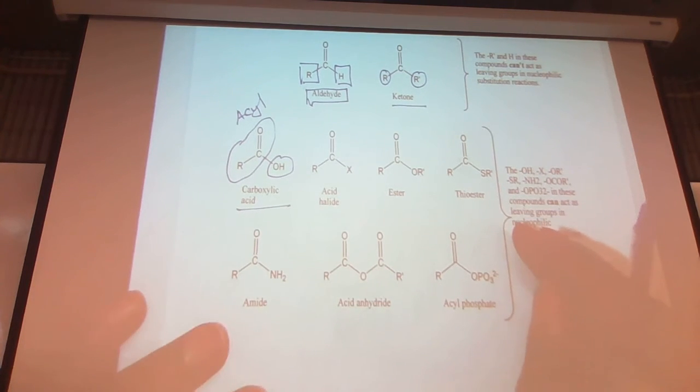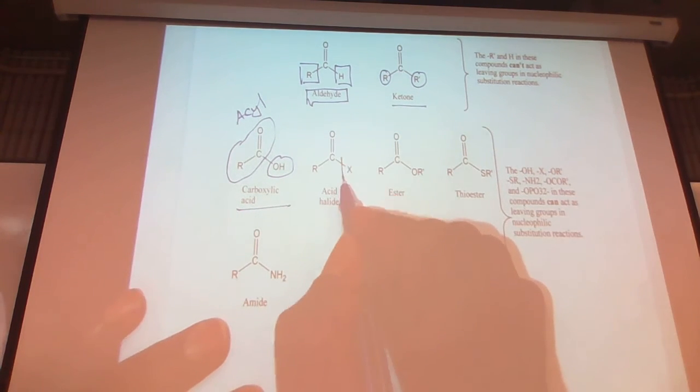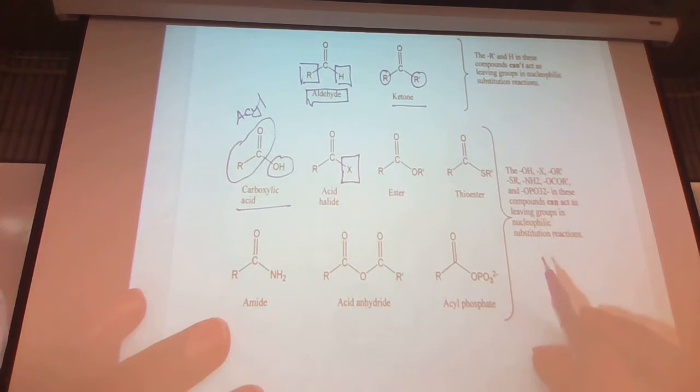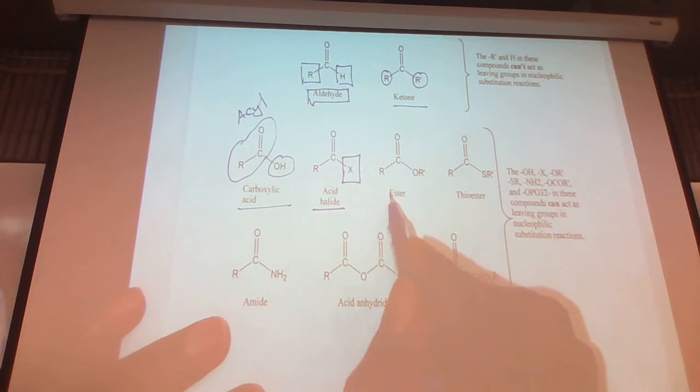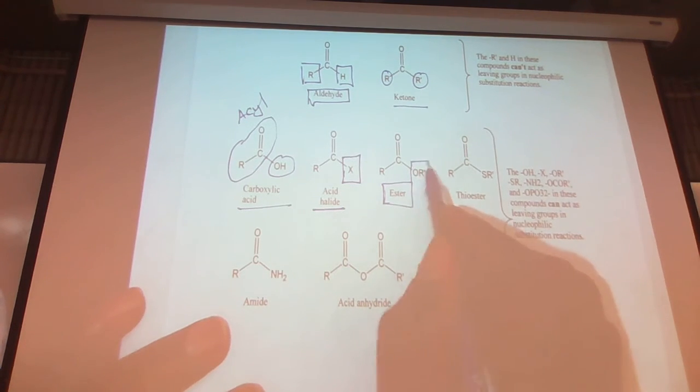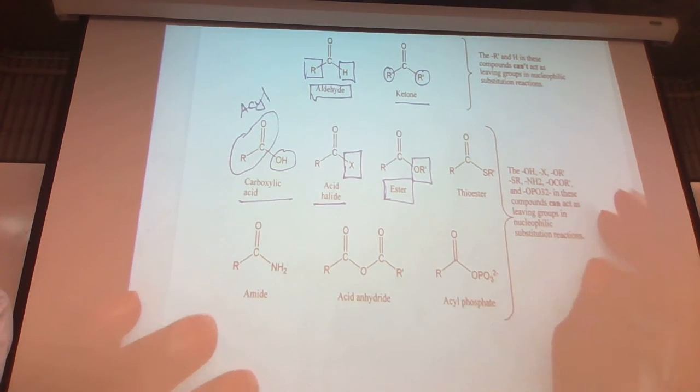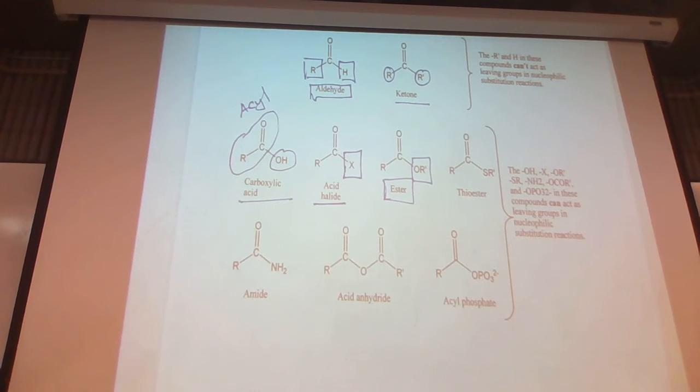You know that by now. If it's connected to a halogen, bromine, chlorine, iodine, it's called an acid halide. Esters, when you have an alkoxide connected to the acyl group. So the acyl group is common to all of them.